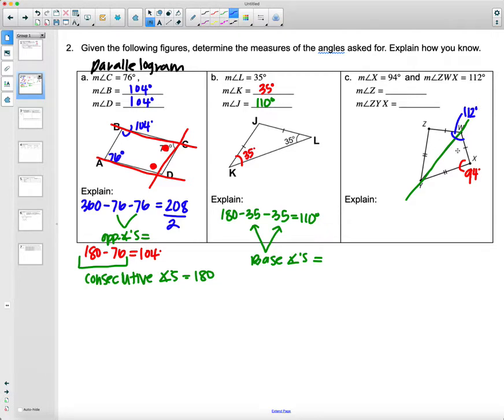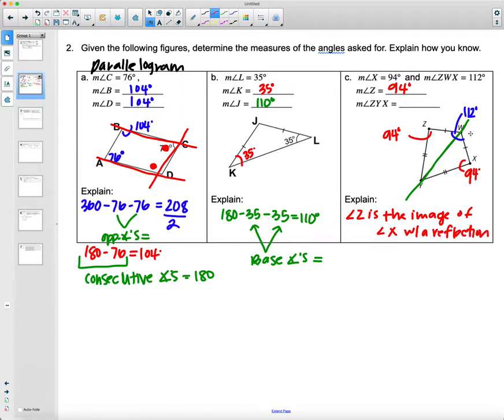So if we think about flipping this triangle over this green line, we would see that angle Z is going to be the same as angle X. So we would get 94 degrees because those are images of each other with a reflection. So angle Z is the image of angle X with a reflection.